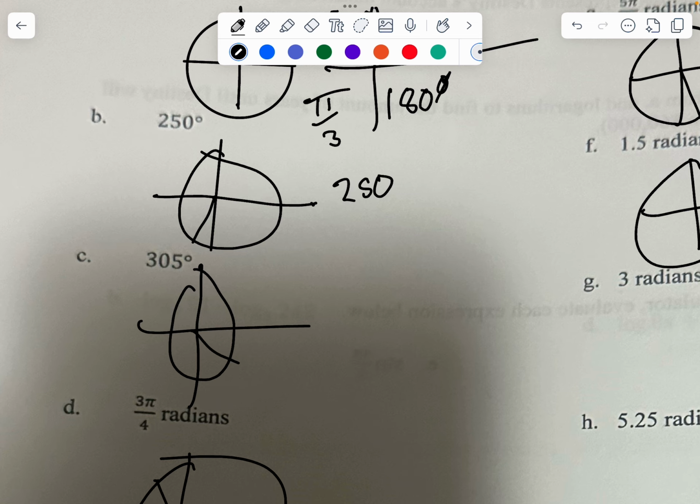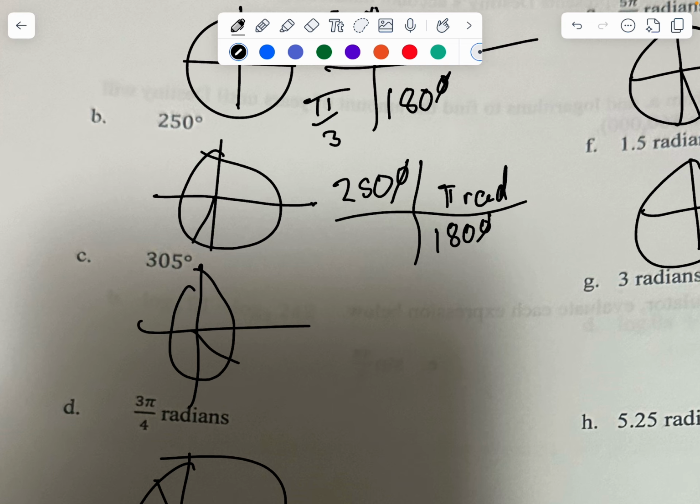250 degrees. Do the thingy. 180 degrees, pi radians. Cancel. 250 divided by 180. Plug that in your calculator, because I have no idea what that is.